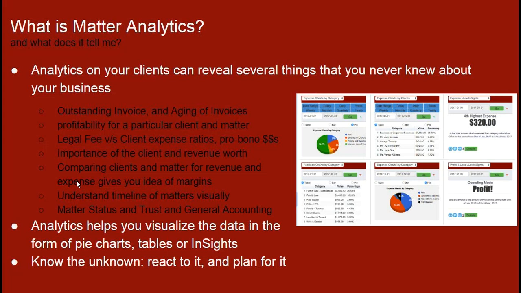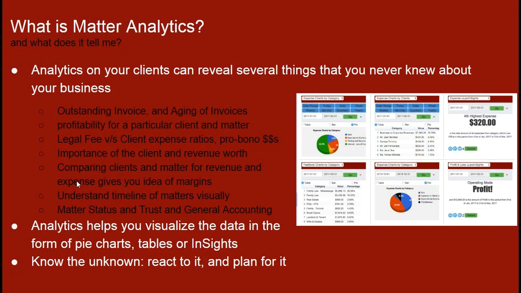Matter analytics also tells you what areas of practice you are making a lot of money in, especially if you're a law firm that specializes in multiple areas of practice. You know, maybe your firm has the right expertise to represent family, or real estate, maybe criminal, small claims.